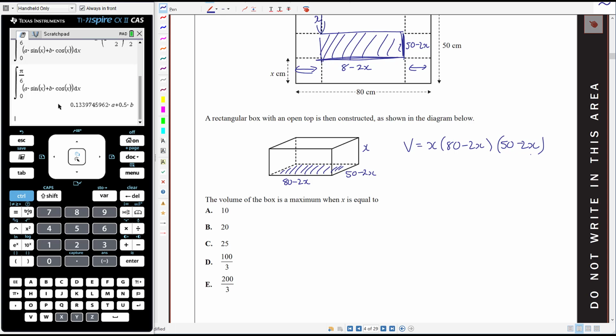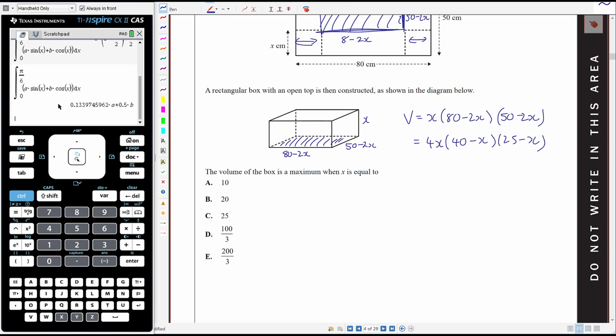You can obviously simplify that. There's common factors of 2 you can take out of both brackets and get 40 minus x there and 25 minus x there, but it doesn't really matter. We're looking to find the value of x that makes the volume of the box a maximum.